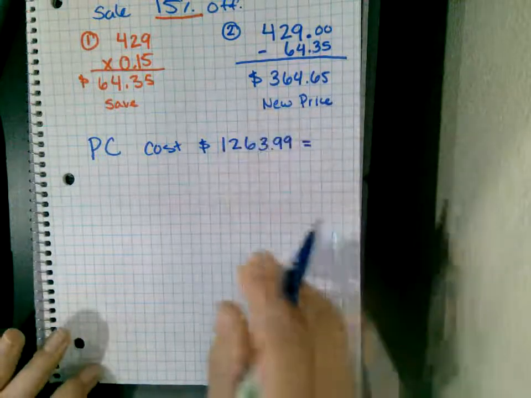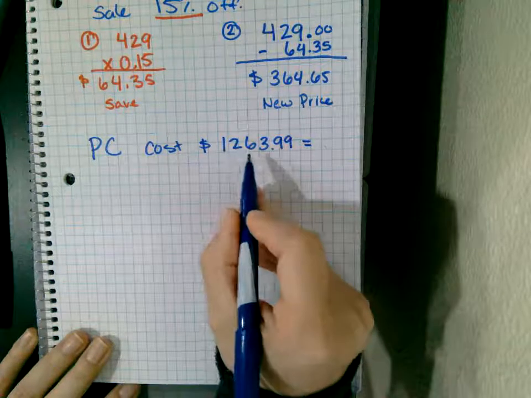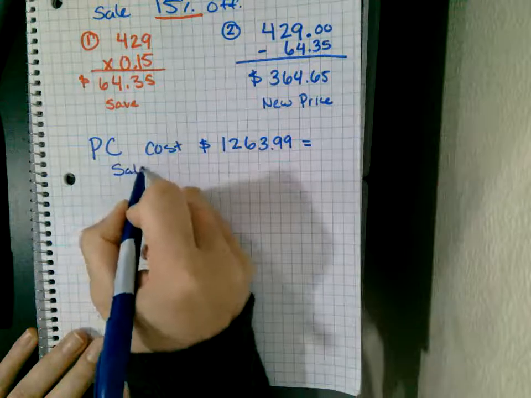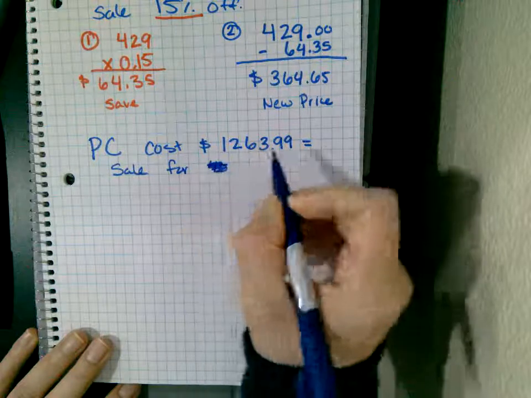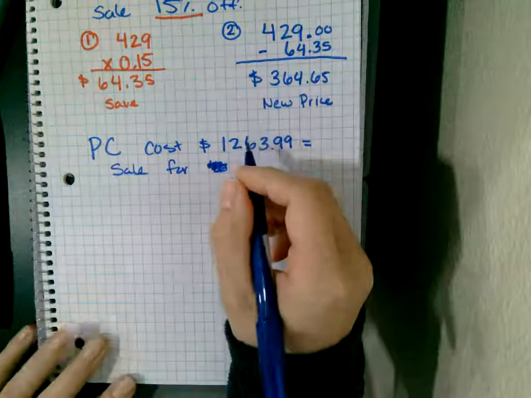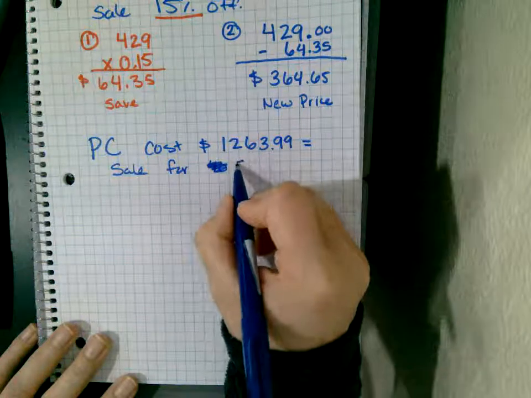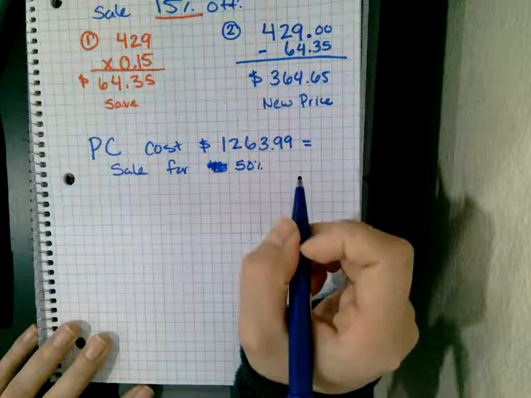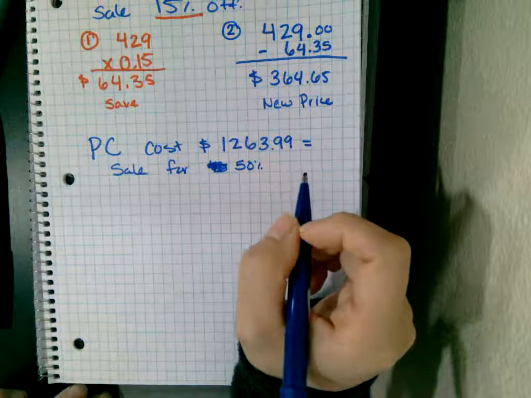All right, kids, let's go back to this one. This will be our last problem for the day. So we have a PC that costs $1,263.99, but it's on sale for 40. No, not 40. Let's do 50% off because the memory card is low and there's not enough gigabytes, and the graphics card is just subpar.